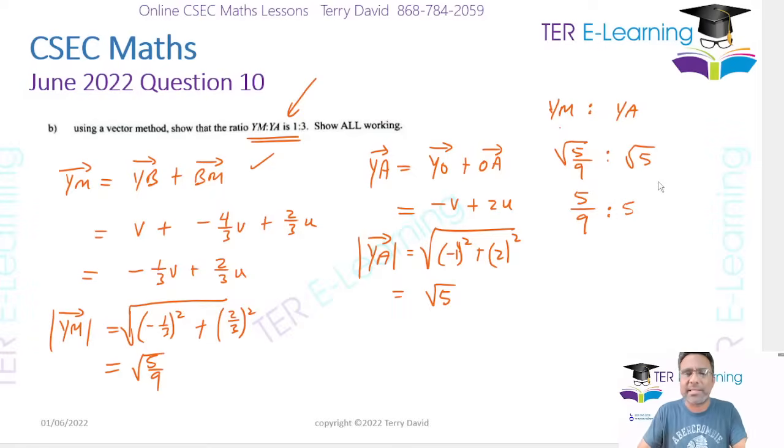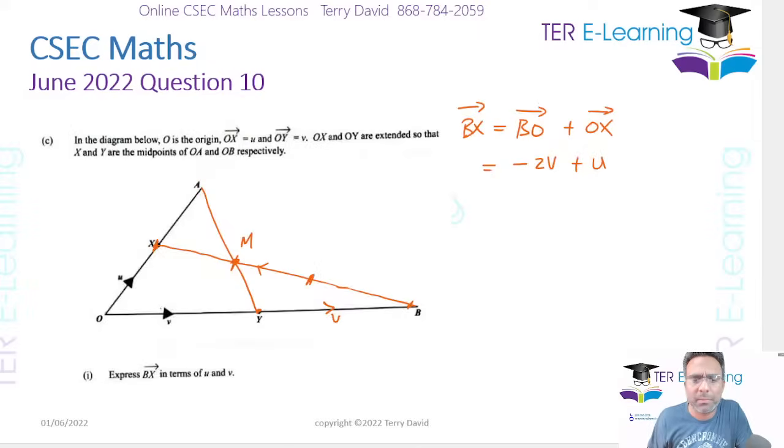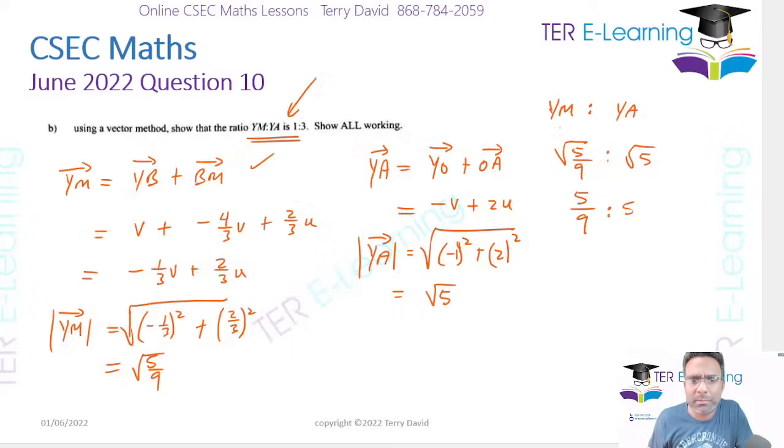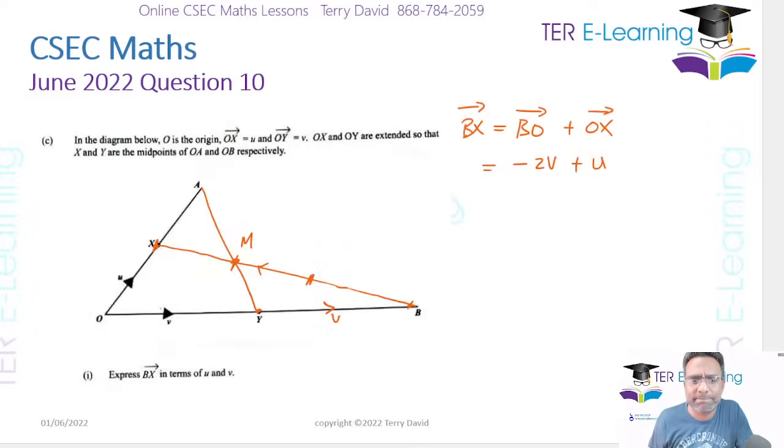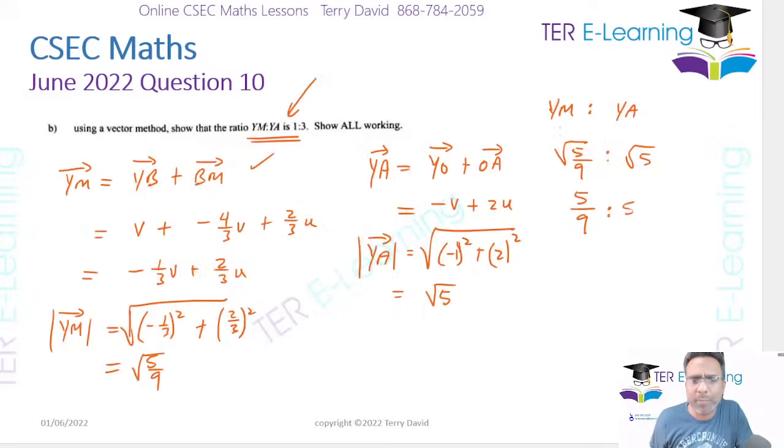Let's make sure I'm making sense again. Minus v plus 2u, 2 2s are 4 and 1, 5.